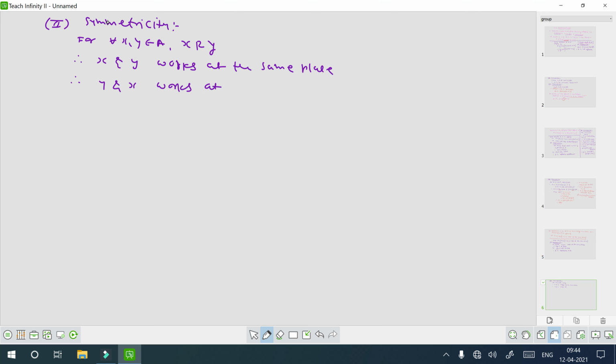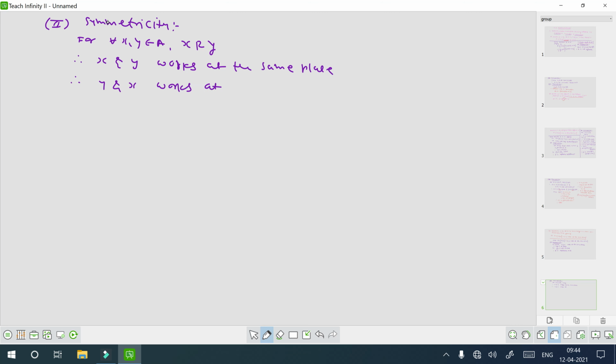Third one, that is transitivity. Clear? So for all x, y, z belongs to A, x R y and y R z, means what?